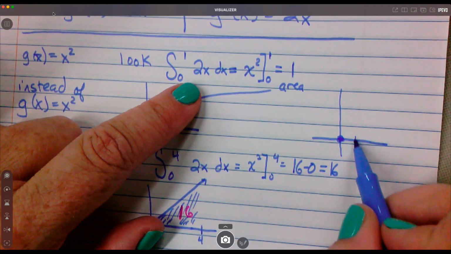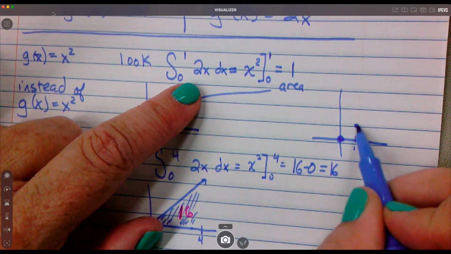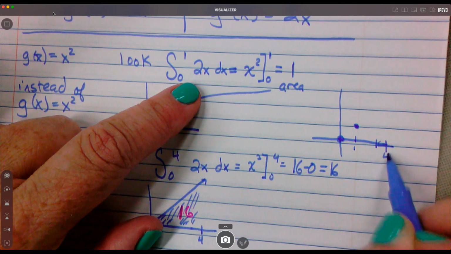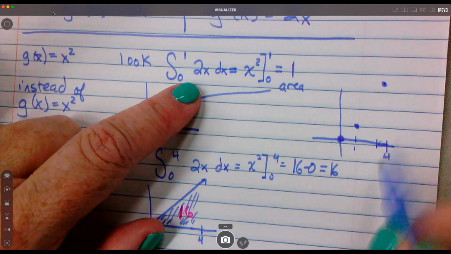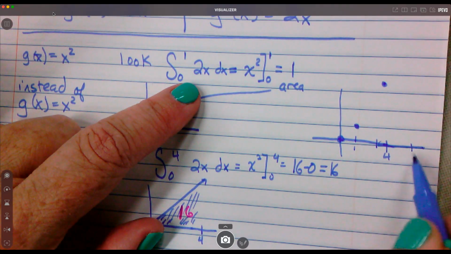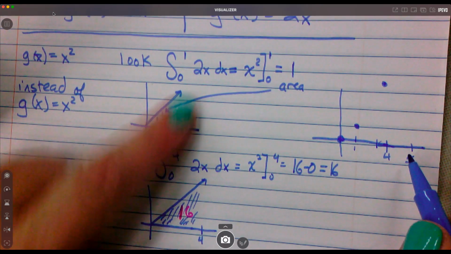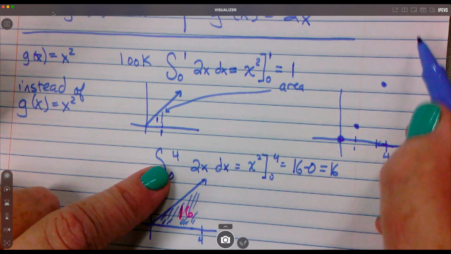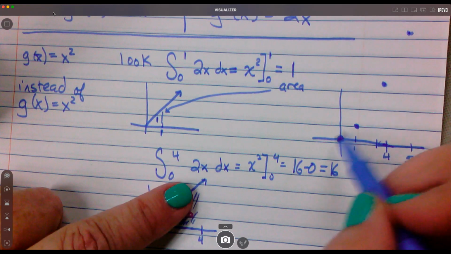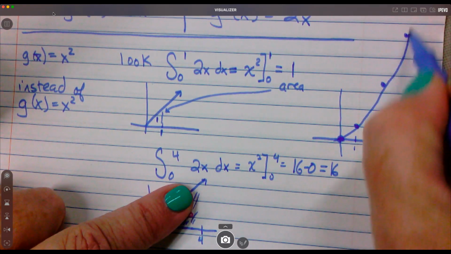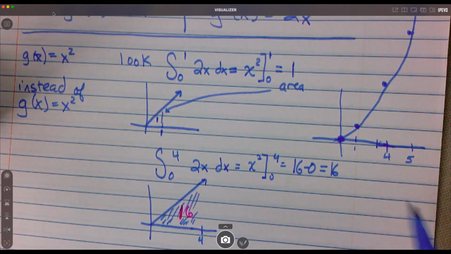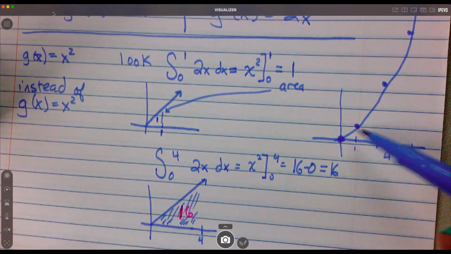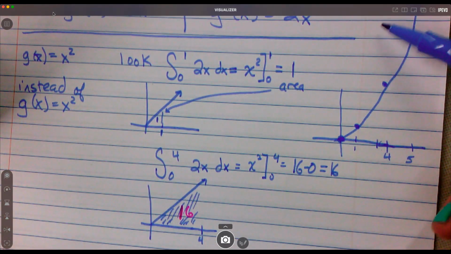Then when x is 1, we got an answer of 1. When x was 4, we got an answer of 16. If x were 5, if the top number of the integral were 5, then we would get 25. So basically, we're drawing a parabola here, right?